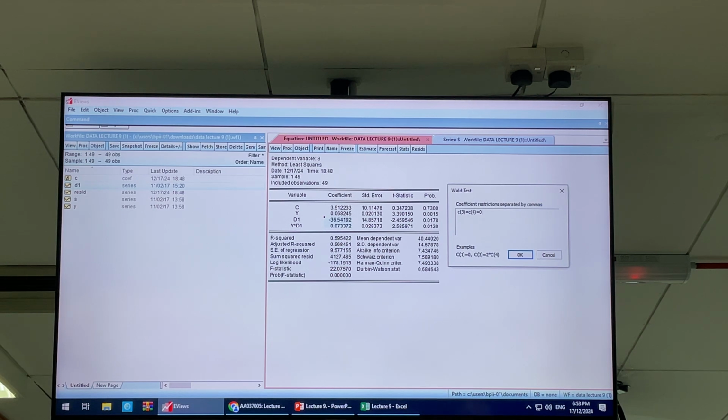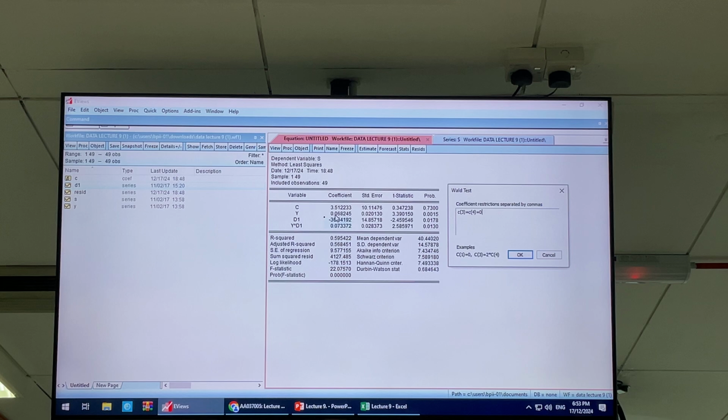You cannot use the F-statistic p-value here, because that value is a test for all slopes, including beta 1 as well.